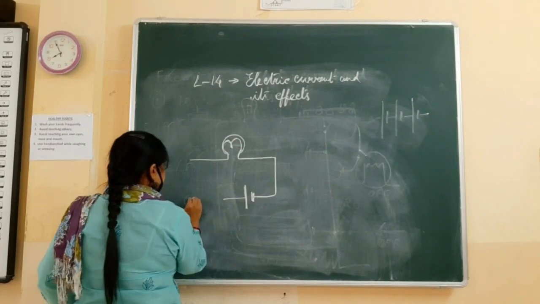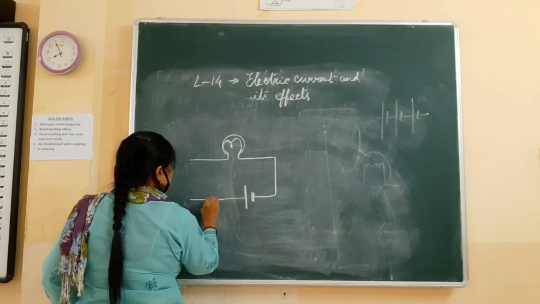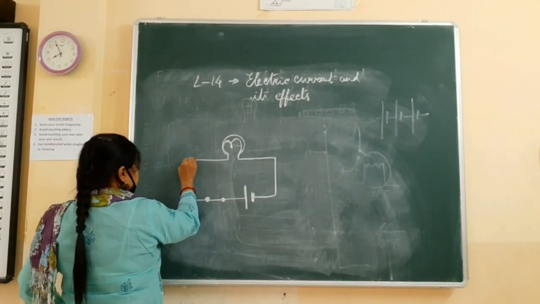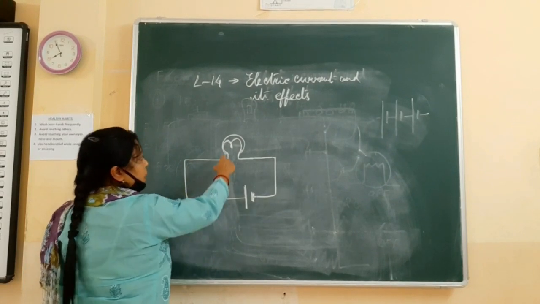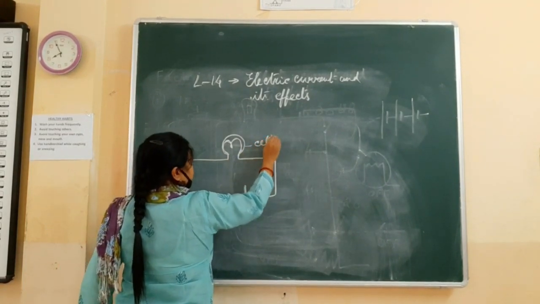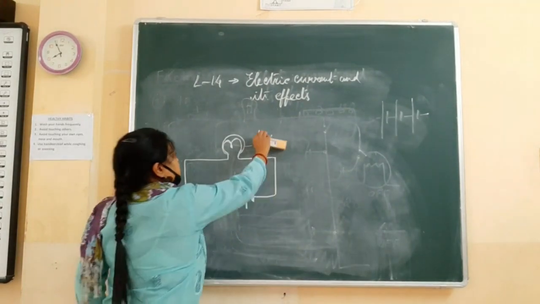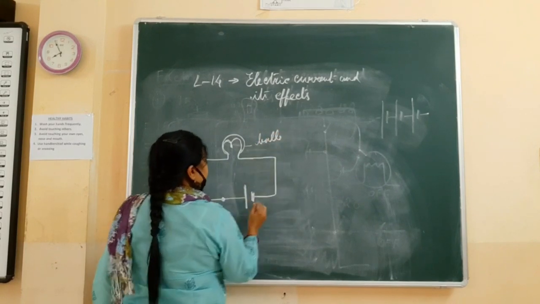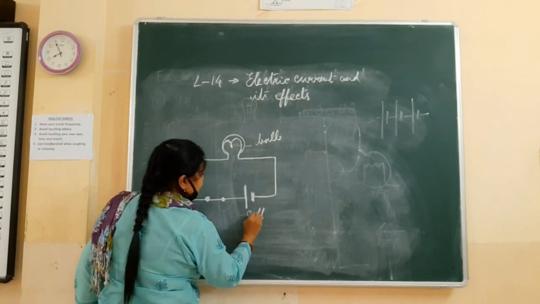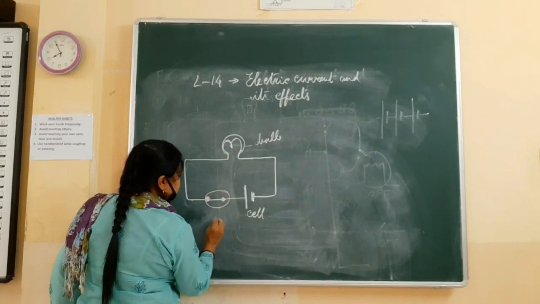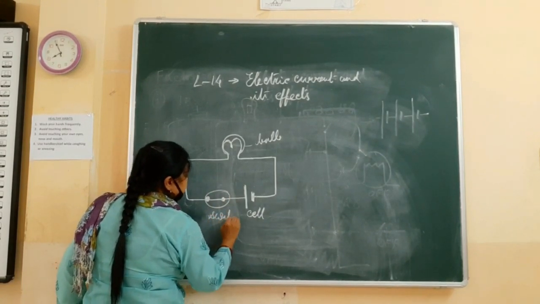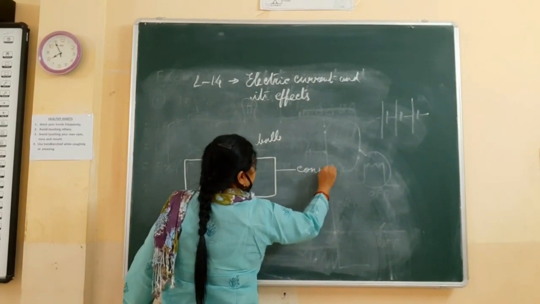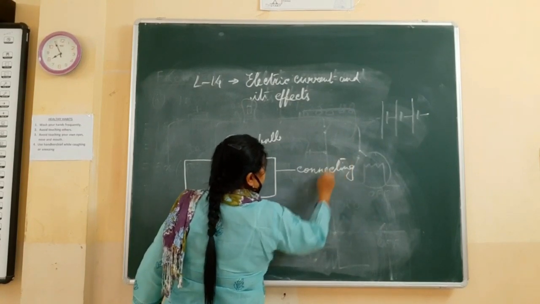Then it is connected with the connecting wire. So this is the symbol of the bulb, then the symbol of the cell, then the symbol of the switch, and we are using the connecting wire.